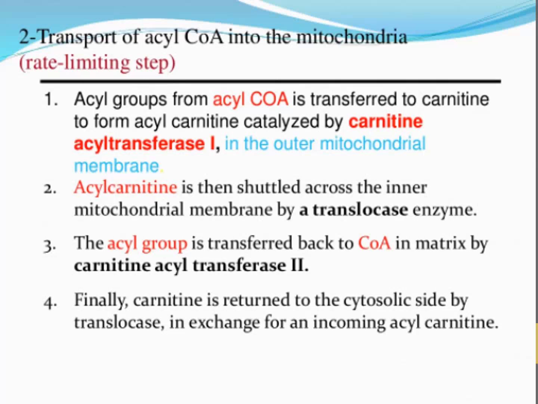Then acyl-carnitine will shuttle across the inner mitochondrial membrane by translocase enzyme. The acyl group is transferred back to coenzyme A in the matrix by carnitine acyl transferase enzyme 2. Finally, after releasing the acyl-CoA into the mitochondrial matrix, carnitine is returned back to the cytosolic side by translocase enzyme in exchange for an incoming acyl-carnitine.